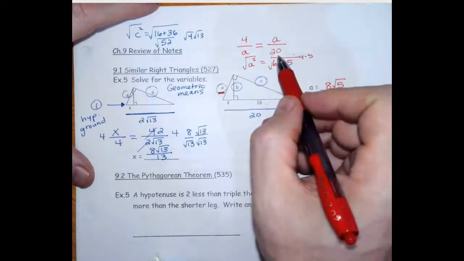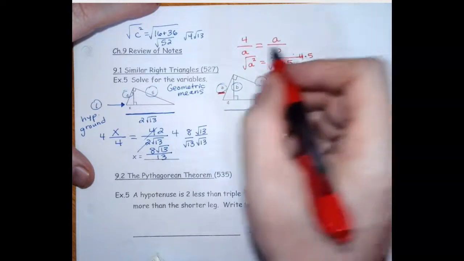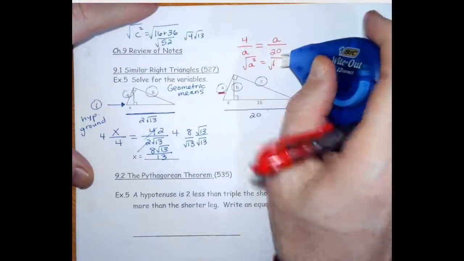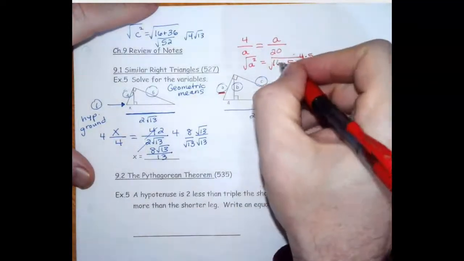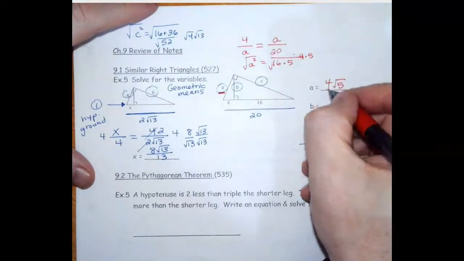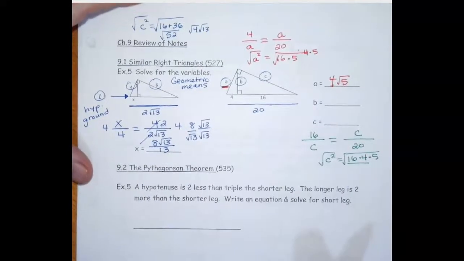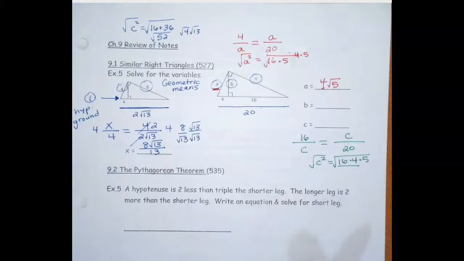Alright, so that should have been 20, which would have been 4 times 5. So that would have been 16 times 5. Yikes. Okay, so 16 times 5, which would be 4 root 5. Sorry about that. Okay, hopefully a couple of you noticed that and you were like, hey, Mr. Christensen, that's 20, not 80. Okay. Anyway, back to this.